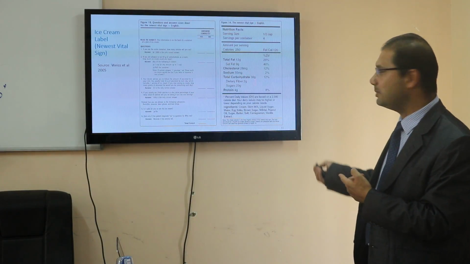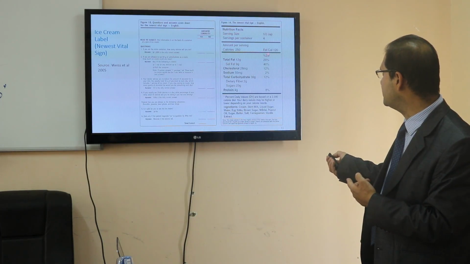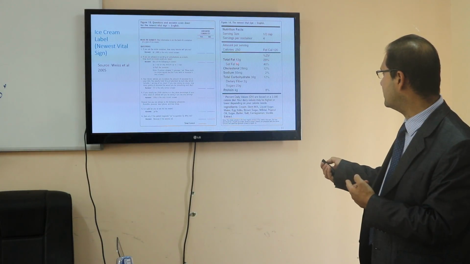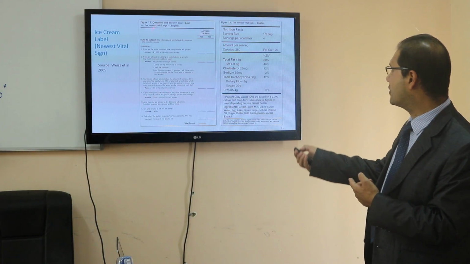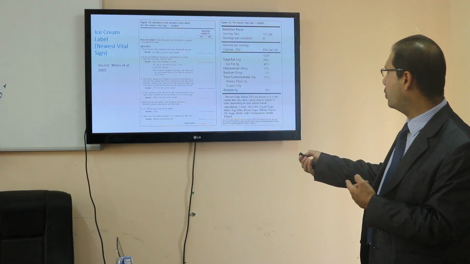I have an ice cream label, showing how many carbohydrates or calories in each content, like the amount per serving, 250 calories, total fat 20%, 13 gram. And I have questions such as, if you eat the entire container, how many calories will you eat?